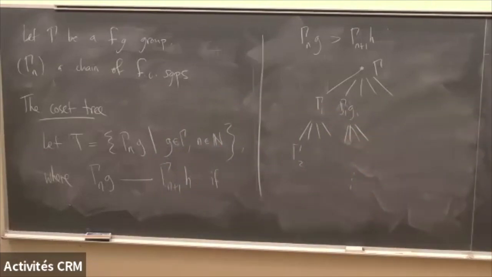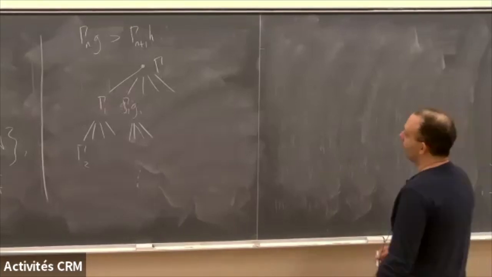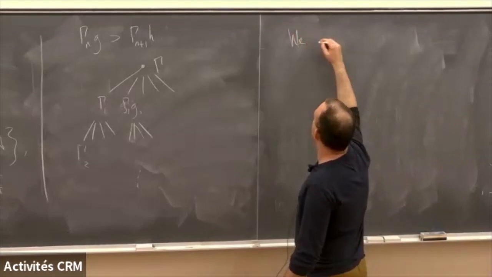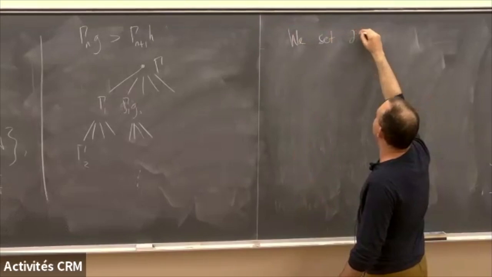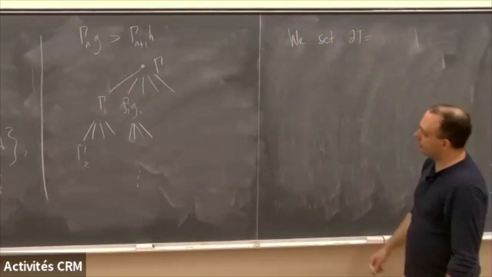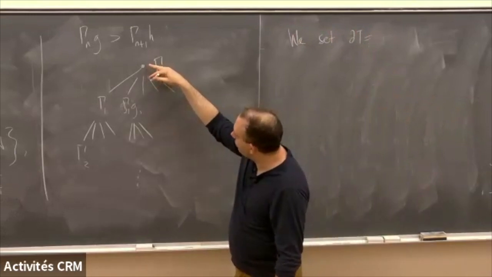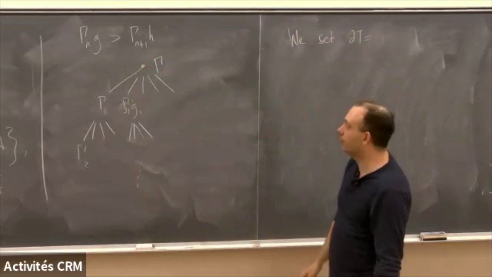Okay, and so the geometric group theorists in the audience will appreciate that if you have a tree, you can look at its boundary. Here the boundary is just the set of all rays in the tree starting at gamma and going down.